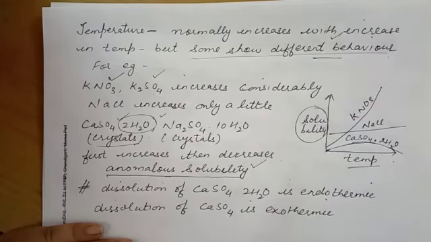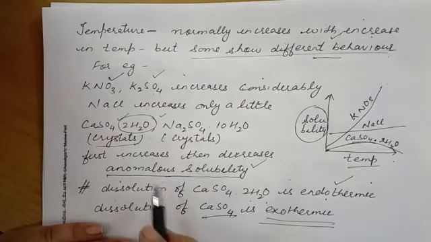Now what is the reason? As dissolution of calcium sulfate crystals or hydrated calcium sulfate is endothermic in nature, whereas dissolution of without water anhydrous calcium sulfate is exothermic in nature. That is why it shows anomalous solubility.